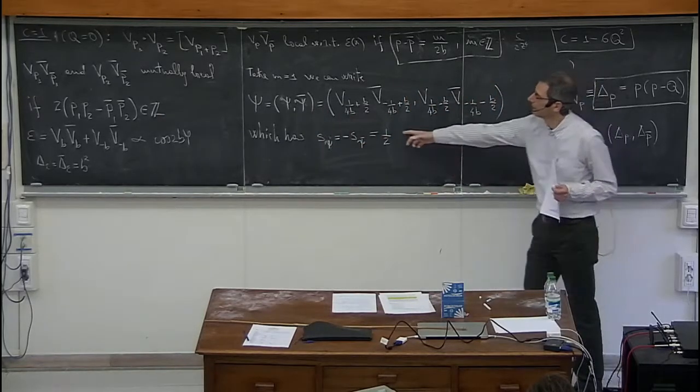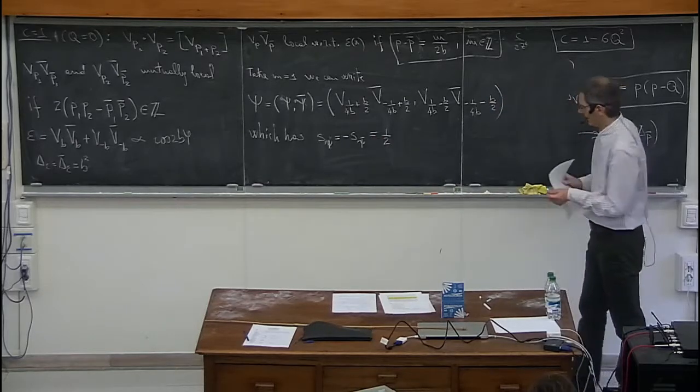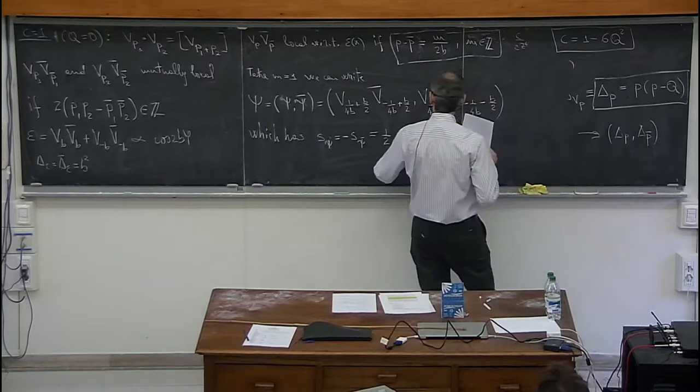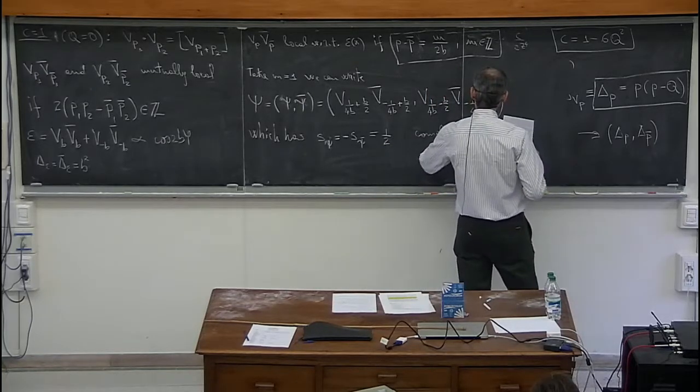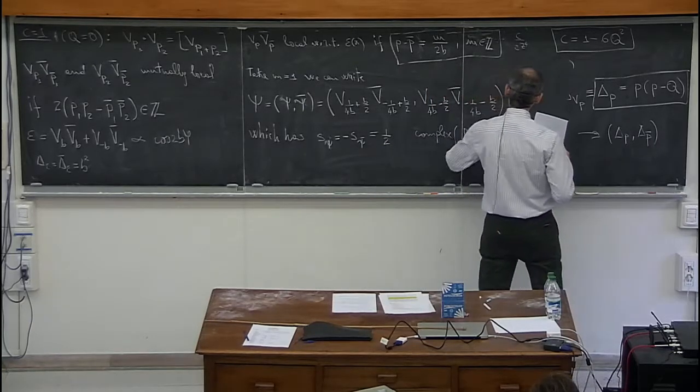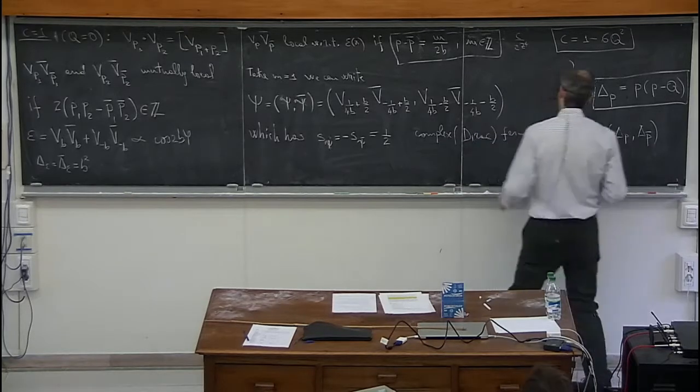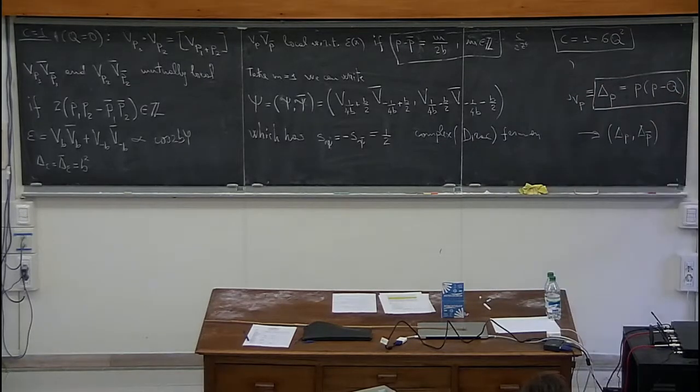Due to this half-integer spin, it is the fundamental complex fermion, or as it is called, Dirac fermion, that you can build from the original bosonic field.